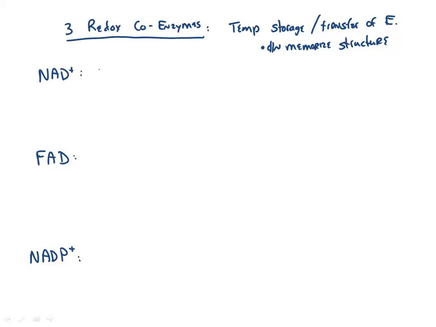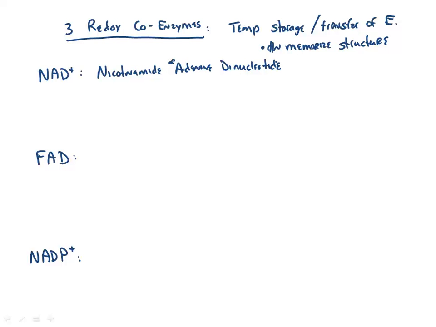So NAD stands for nicotinamide adenine dinucleotide. So let's take a look at that. What are parts of that that you recognize? Yeah, adenine, you should recognize. We'll talk about what nicotinamide is.